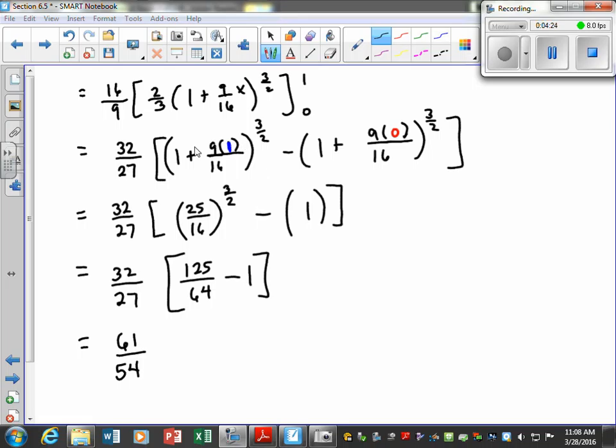And then simplify everything in this parenthesis first, which is 25/16, and then raise it to the 3/2 power. Over here we want to simplify everything here and then raise it to the 3/2 power. Subtract and get your answer, and then multiply by 32/27, and we should come out with 61/54.